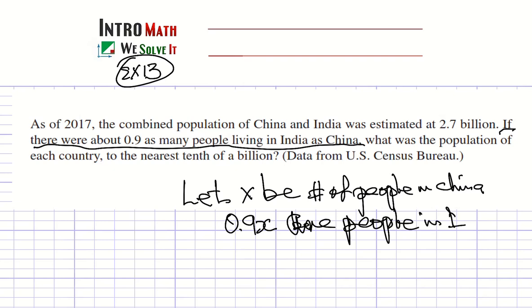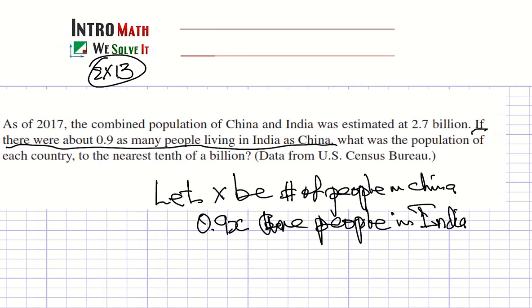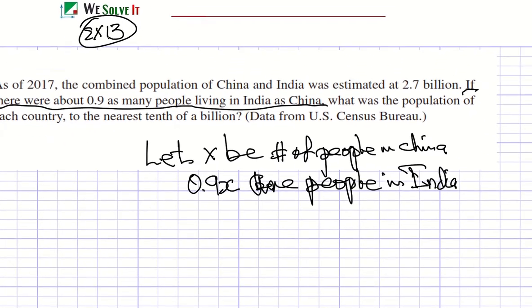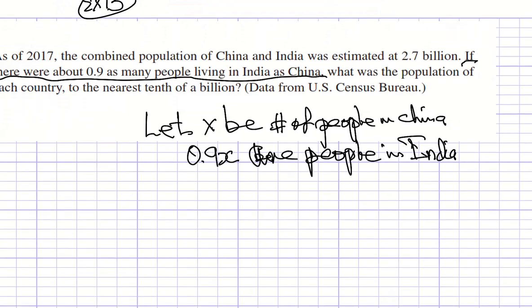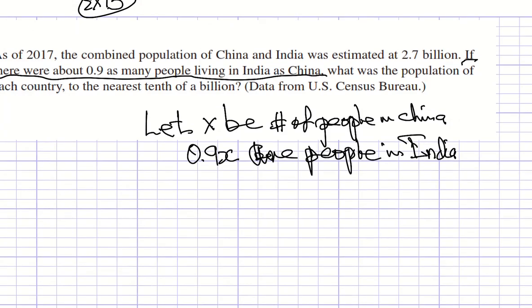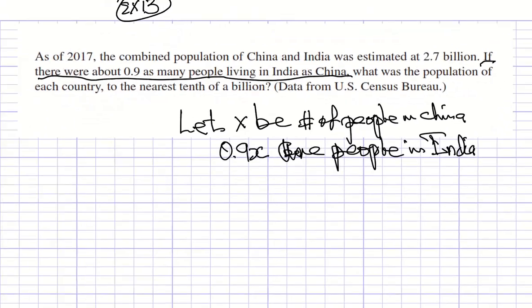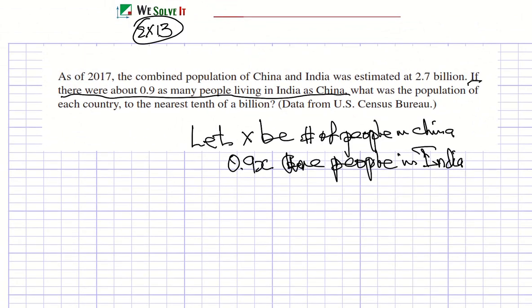That's what it's saying. So basically those two things. Don't hang up on words. Just abbreviate the words and get your equation going. The most important thing is you solve the equation correctly.